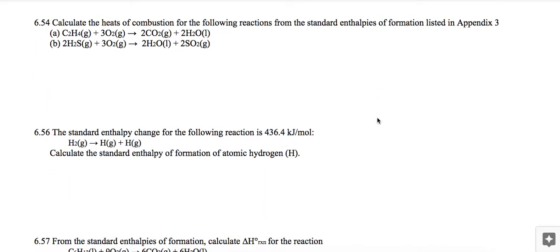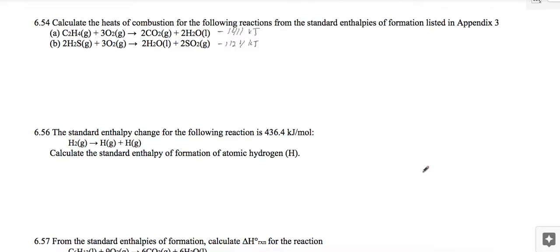Same thing for 54, same concept. A equals negative 1411, and then B equals negative 1124, and that's kilojoules and kilojoules. For number 57, it's just more of the same.